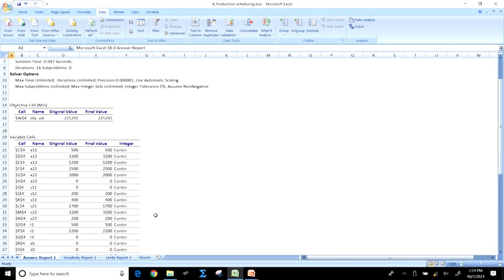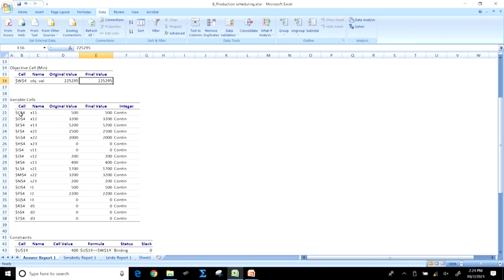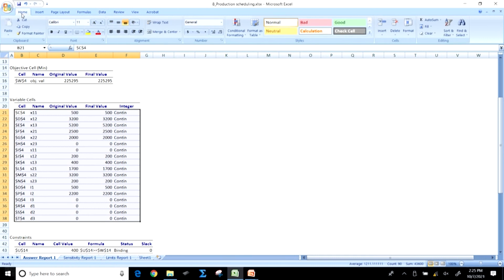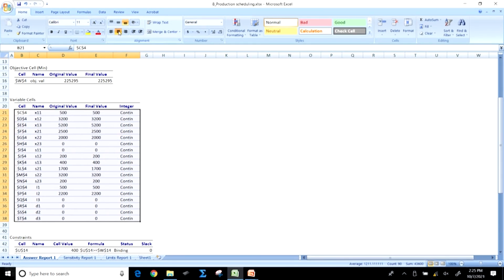When I solve it and look at the answer report, I am able to see the value of the objective function, 2,25,295. Here I have the values for all the decision variables. So X11 is 500, X12 is 3,200, X13 is 5,200, and so on.